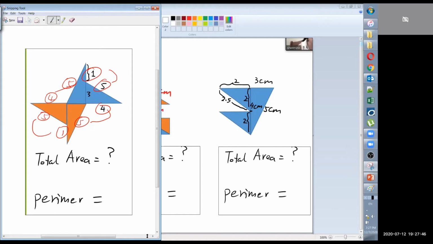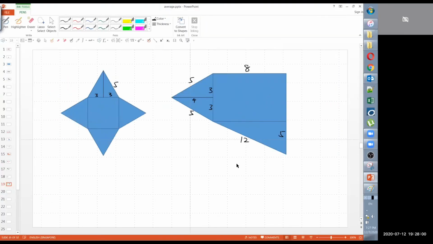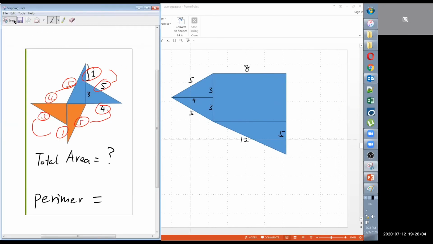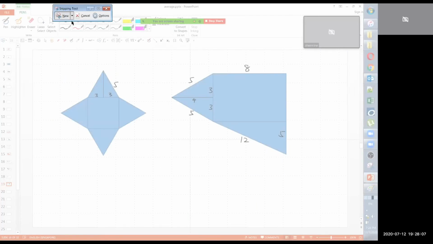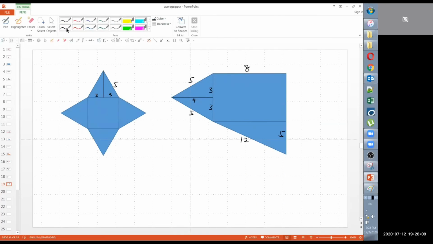All right, going forward. Okay. All right. Good. Yeah. Okay. Sorry. Okay, let me quickly save this and send this over to you for your homework. Let me write down some more stuff. So you are asked to find out the total area, and you're asked to find the total perimeter.